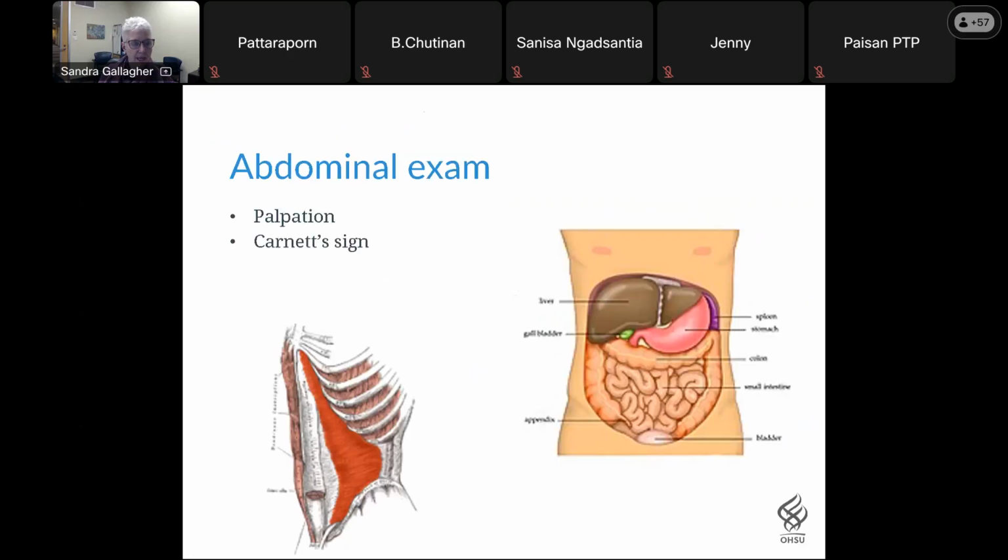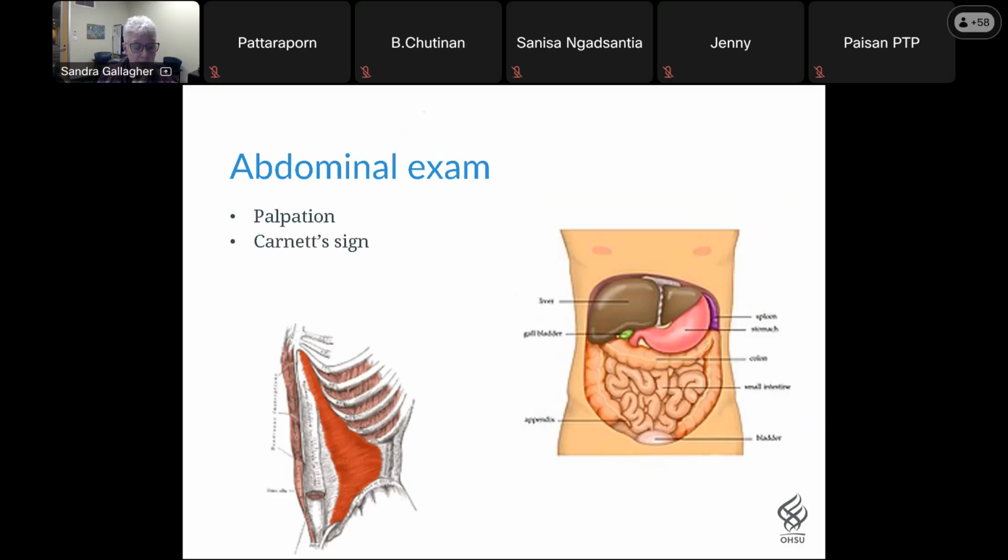There are ways to do an abdominal exam. Some of the physiatrists or physicians here might know this, just like palpating the organs. And then we also do something called Carnett's sign, which is a way like if you palpate on the abdomen and there's pain in the right lower quadrant, and if the person lifts their head and activates their abdominal muscles, if the pain goes away, that tends to indicate that what you were palpating and what was the nociceptive input to their pain was a visceral structure.